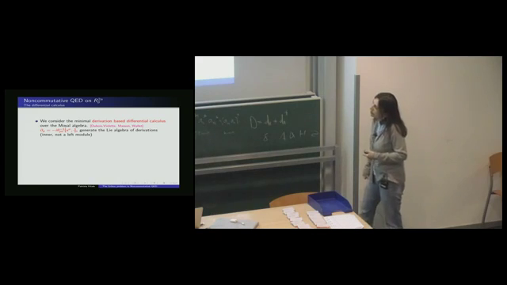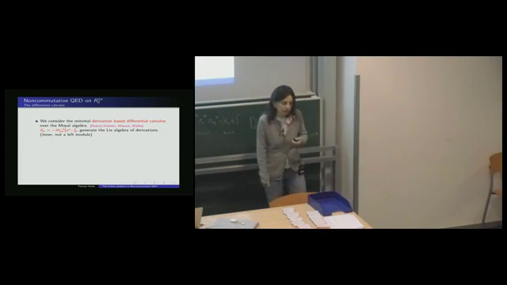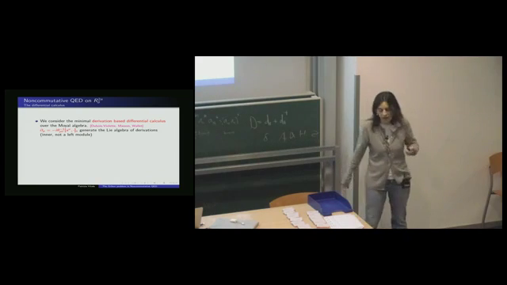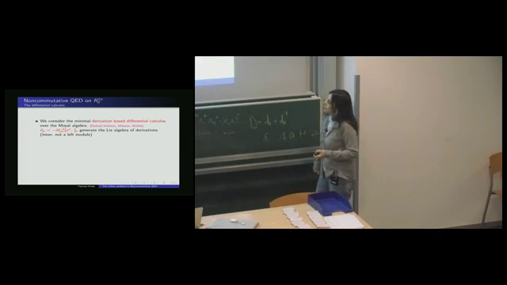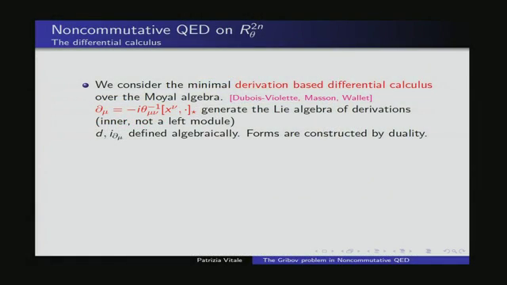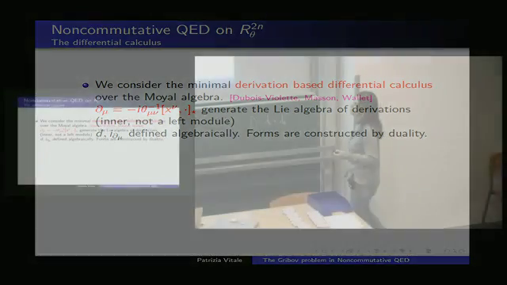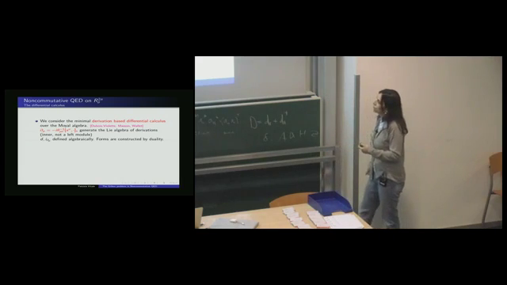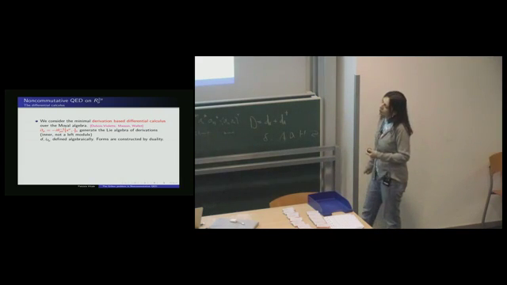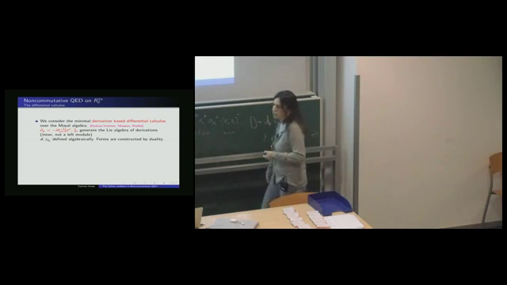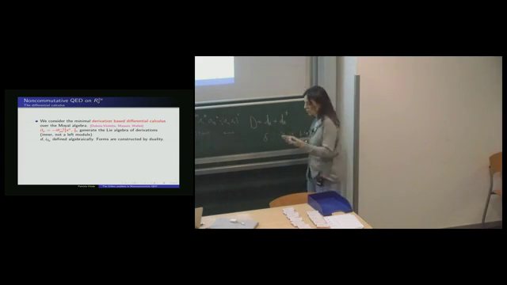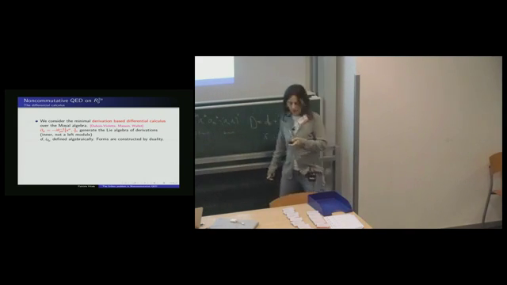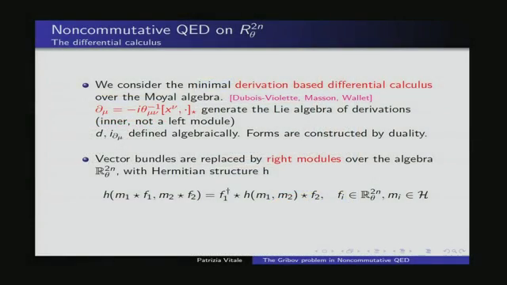Well, they are not a left module in the sense that when I left star multiply by a function, I don't have a derivation anymore. I define the whole differential calculus algebraically. I define the d and the contraction. Forms are defined by duality with respect to derivations. So I construct omega 0, which are my functions, or omega 1, which are my one forms, and so on. So it can be defined, let's say, constructively.